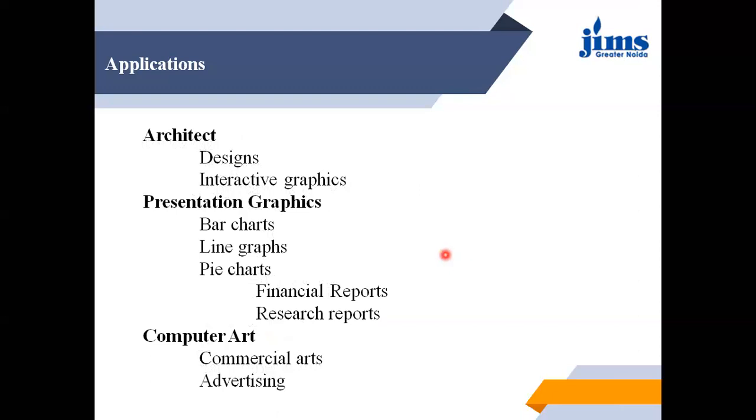In the case of an architect, when an architect has to design any building, that building can be designed virtually using computer graphics, and it can be seen how it will look.